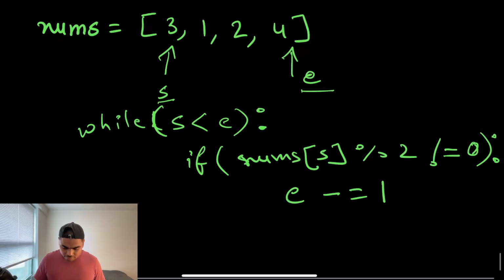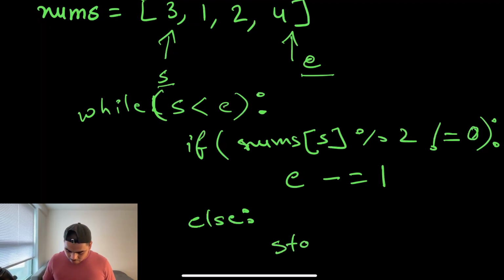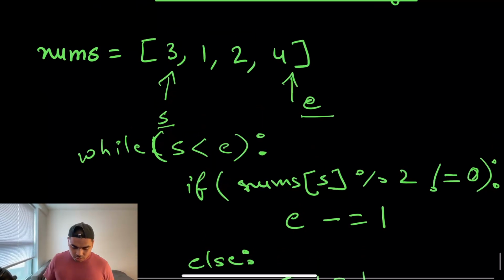Otherwise, we will increment s by 1. Why does this work?